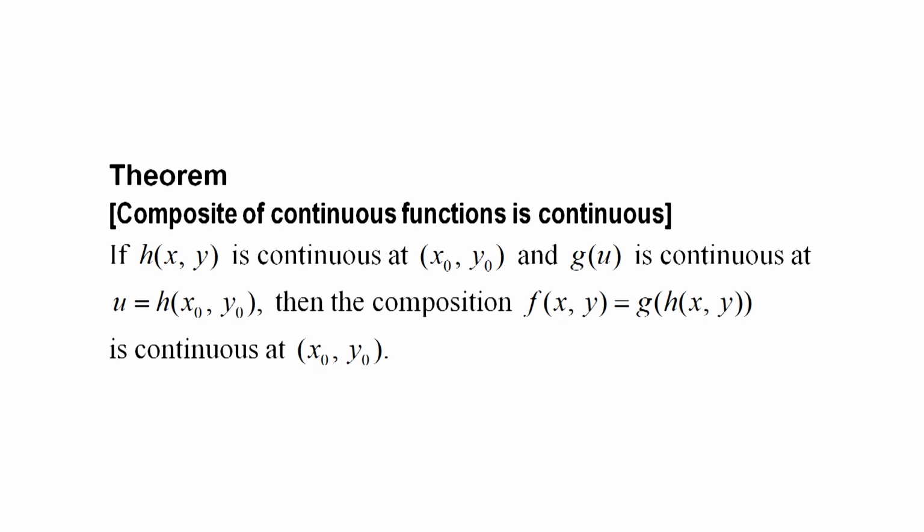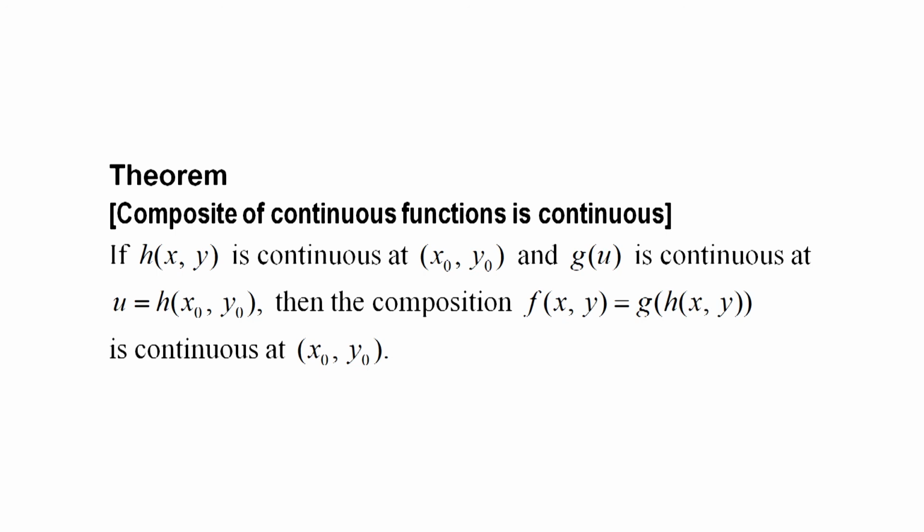Theorem: composite of continuous functions is continuous. If h(x, y) is continuous at (x naught, y naught) and g(u) is continuous at u equal to h(x naught, y naught), then the composition f(x, y) equal to g(h(x, y)) is continuous at (x naught, y naught).